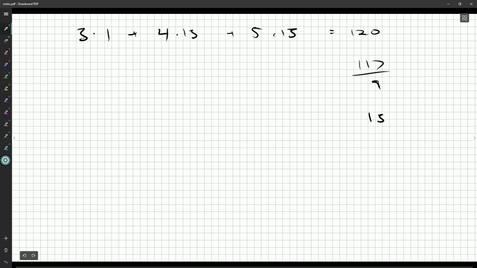Maybe they can only be odd or even. Is there a way to do this? If I take away 4 of these and add on 5 of these, that should still do it. 3 plus 72 is 75, plus 45. Yeah, that would work. That's kind of interesting. So you can get odds and evens.